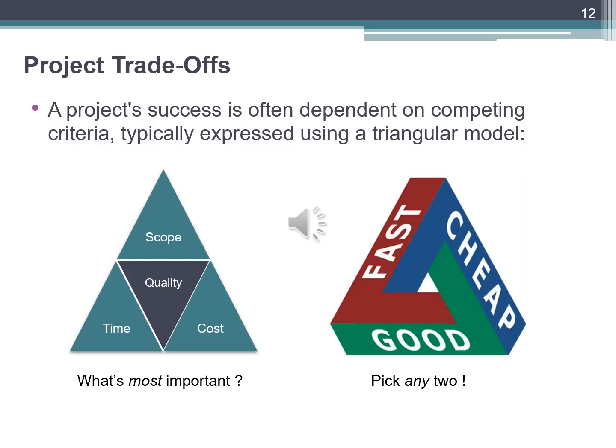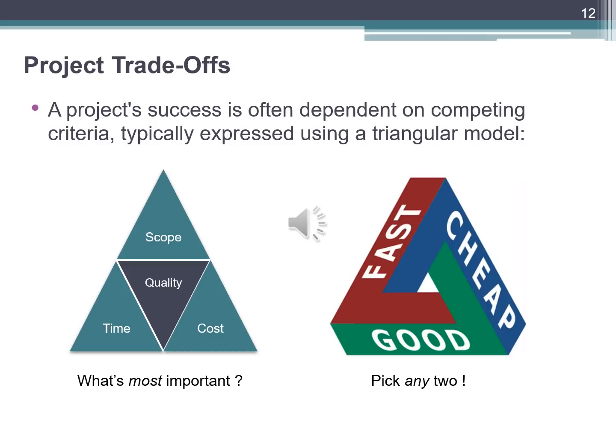Having said that different disciplines require different approaches, it should be mentioned that a project's success often depends on competing criteria, typically expressed using a triangular model. On the bottom left, we see a triangular model that asks the question of what is most important.